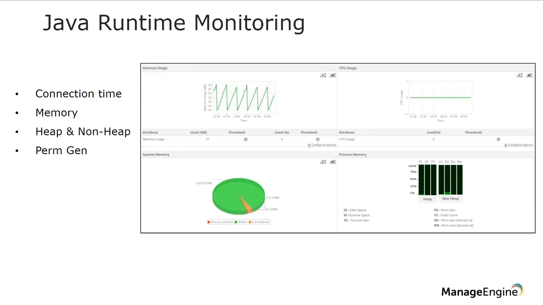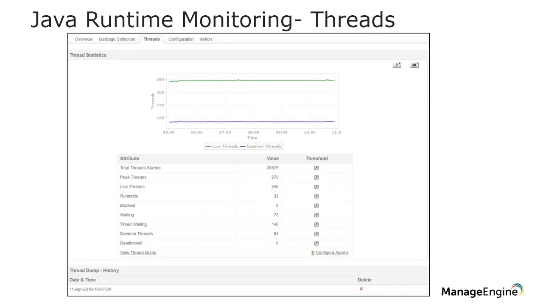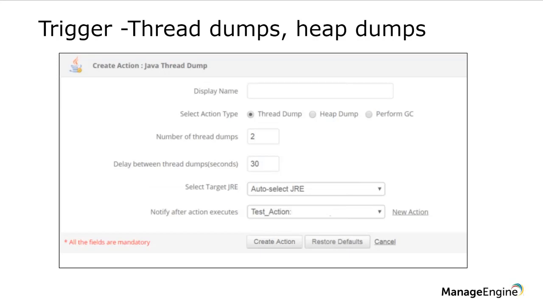This Java Runtime Monitor will collect metrics of any Java-based application, including your in-house applications, and present data in detail about garbage collection, about key metrics, about your threads, and of course, like any other monitor, it will also allow you to associate thresholds, configure alarms and actions in order to comprehensively monitor all your Java applications. Now, let me go to the product quickly after we have gone through a few more slides.